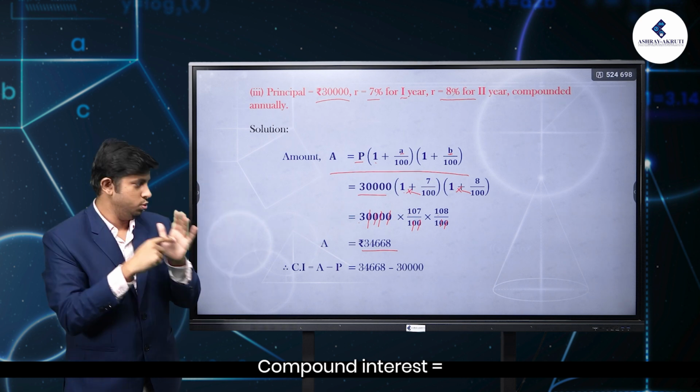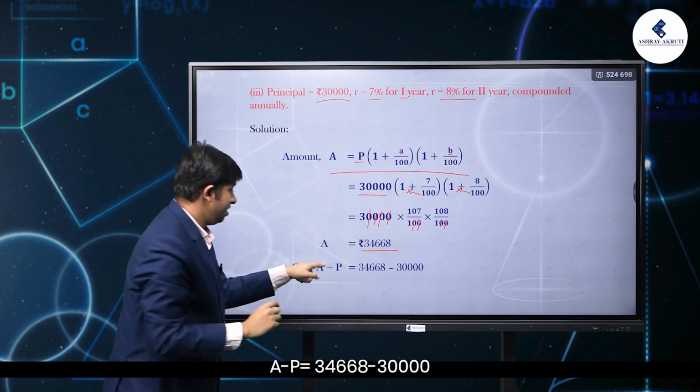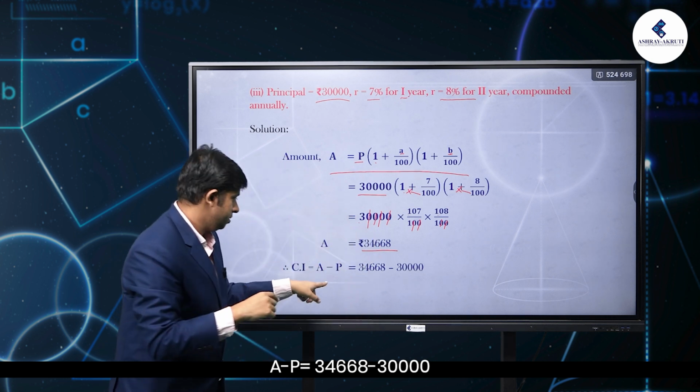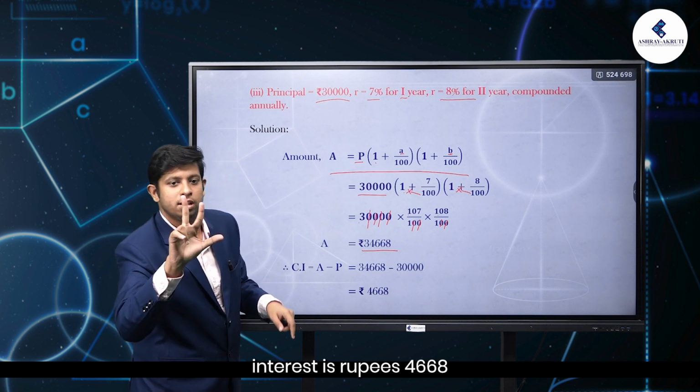Compound interest is equal to amount minus principal, which is 34,668 minus 30,000. And the final answer for the compound interest is rupees 4,668.